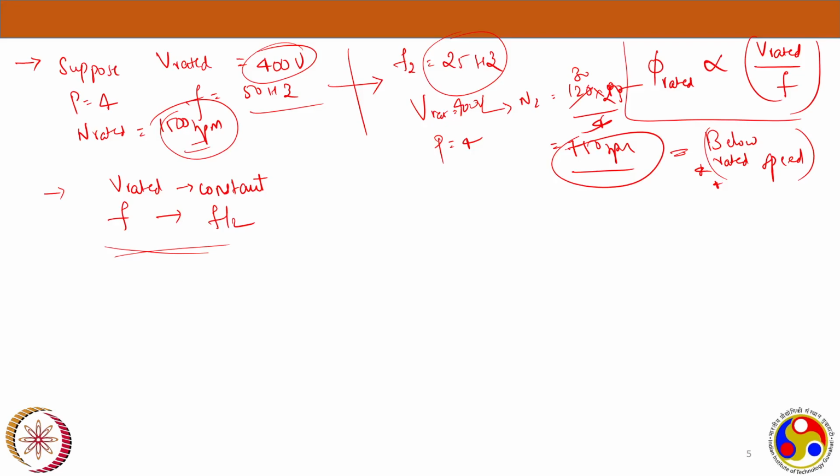Now compare that equation with the current modification we have done and tell me what's the problem with the circuit if I do this. The frequency has gone down by half, and the voltage is constant. Now what's happening?